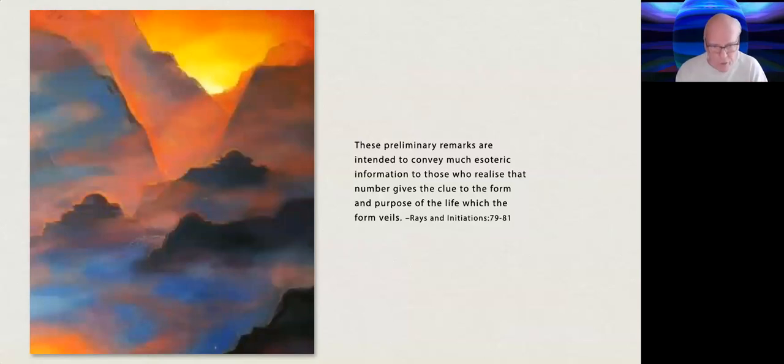esoteric information to those who realize that number gives the clue to the form and purpose of the life which the form veils. So we might ask, what does DK mean by clue to the form?